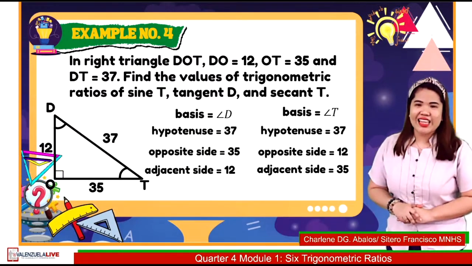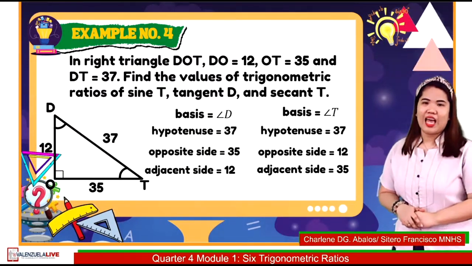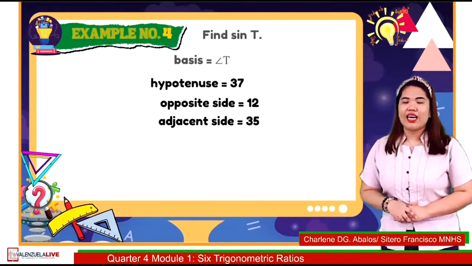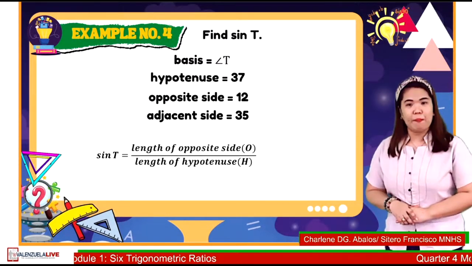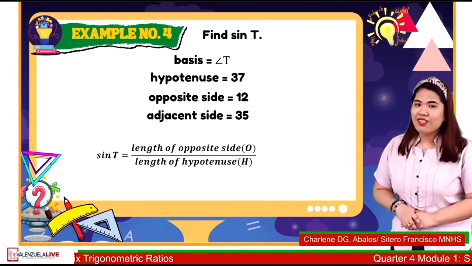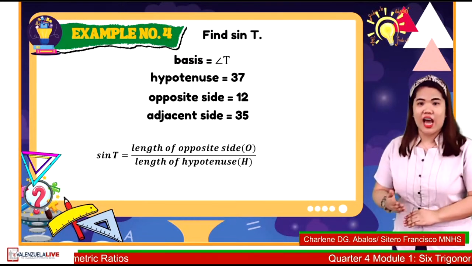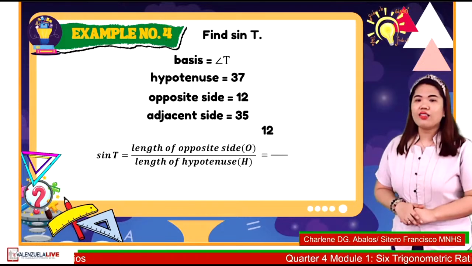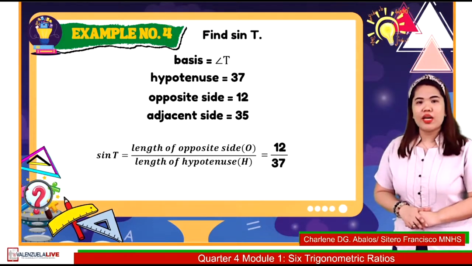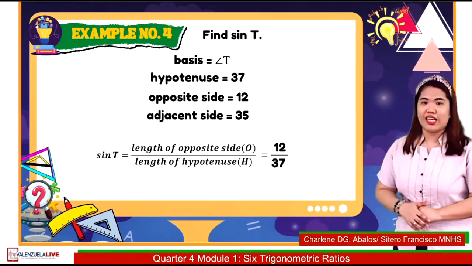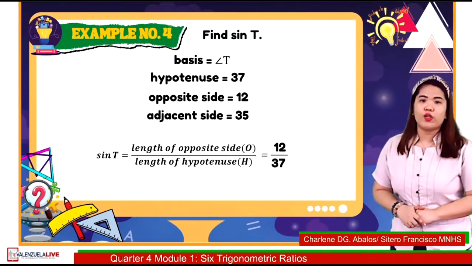sine T. Sine T is equal to opposite side over hypotenuse. The length of the opposite side is 12, and the length of the hypotenuse is 37. Therefore, we have the trigonometric ratio of sine T, which is equal to 12 over 37.